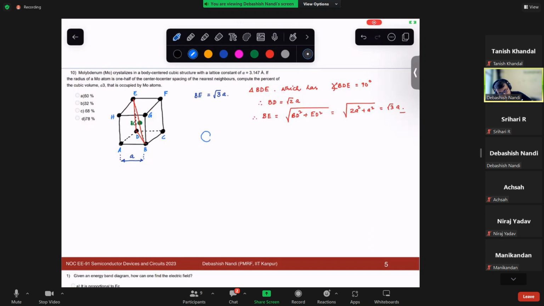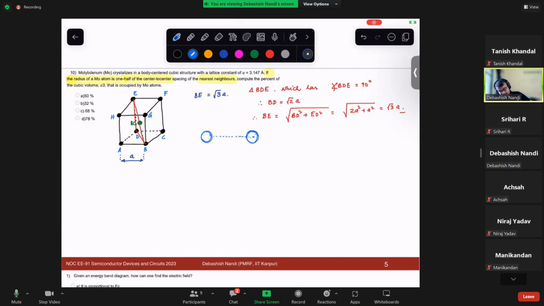there are two atoms. Focus on this line: if the radius of the molybdenum atom is 1/2 of the center to center spacing of the nearest neighbors, can you tell me what are these two nearest neighbors? Which two atoms could be the nearest neighbors? This A and B has a distance spacing of a, right?